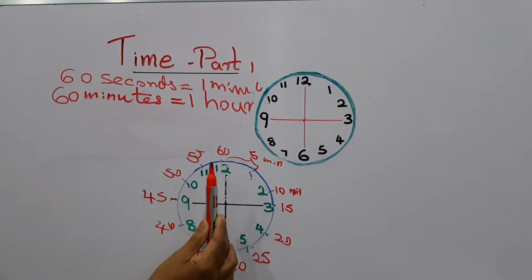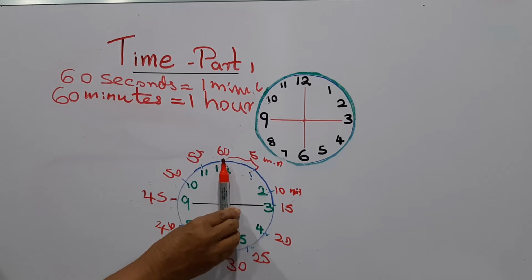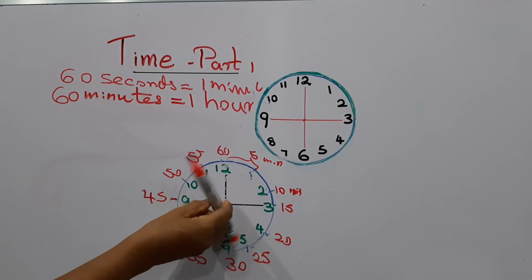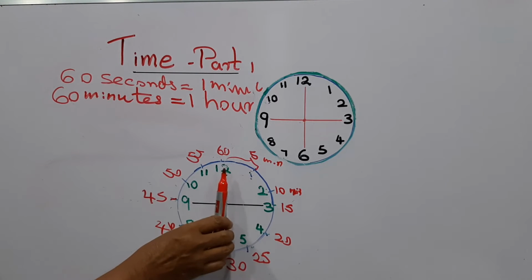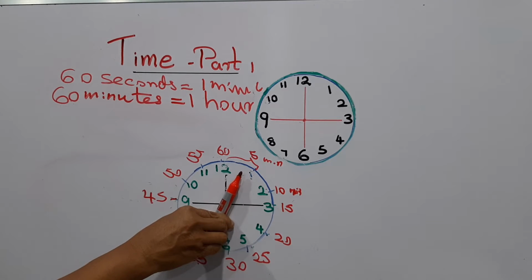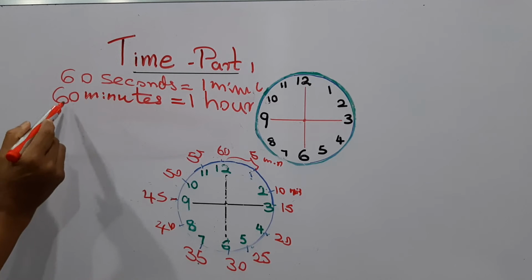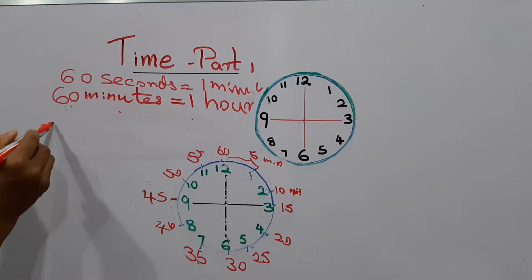That means when the second hand rotates once, the minute hand makes 1 minute. When the minute hand rotates once, the hour hand makes 1 hour. That means from one number to another number. Then we said 60 minutes equals 1 hour.